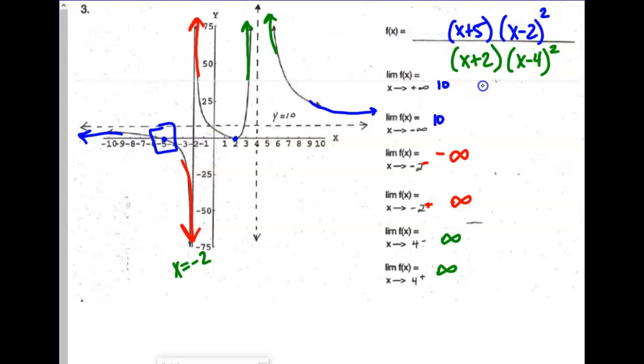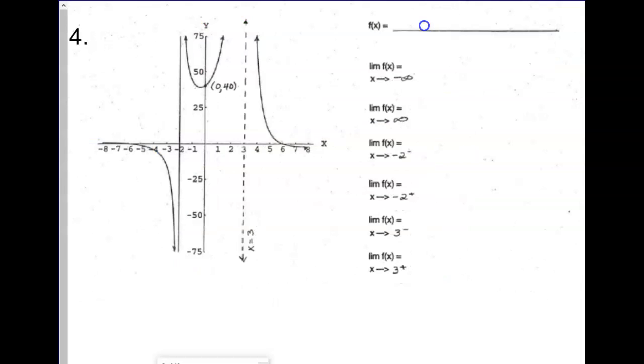We have an x to the third over x to the third. So we should be seeing a horizontal asymptote that flattens out to some number, which happens to also be my coefficient. It's 10. So I'm just going to throw a big 10 in front of this, and this problem's done. You could put 20 over 2, and then your teacher would be like, yeah, that's 10. Yeah, I got you.